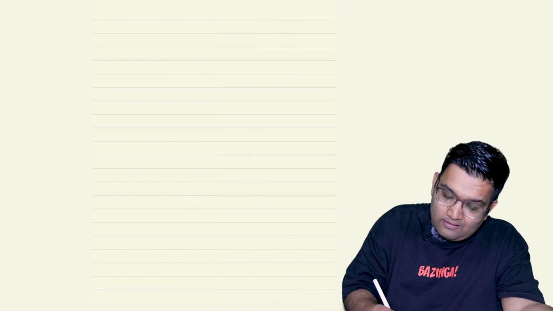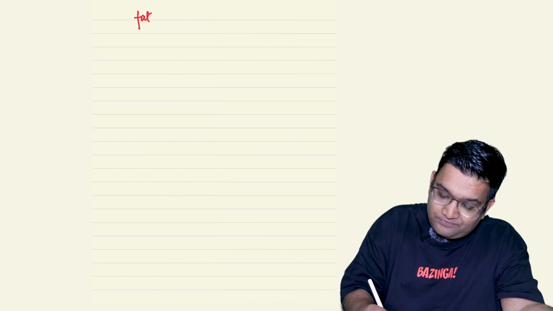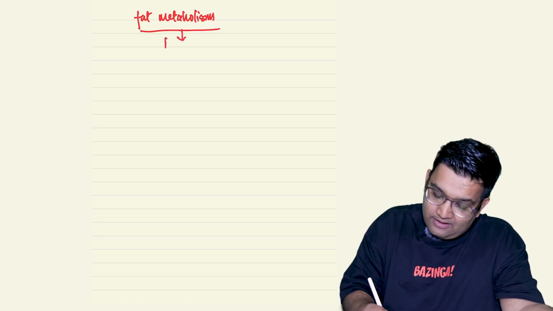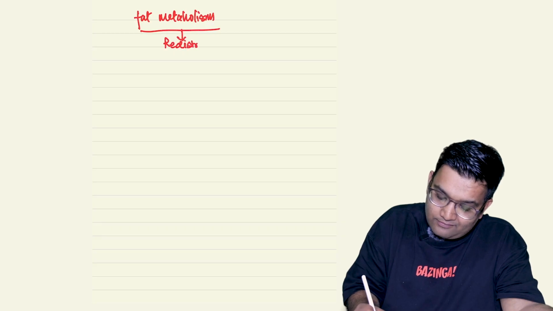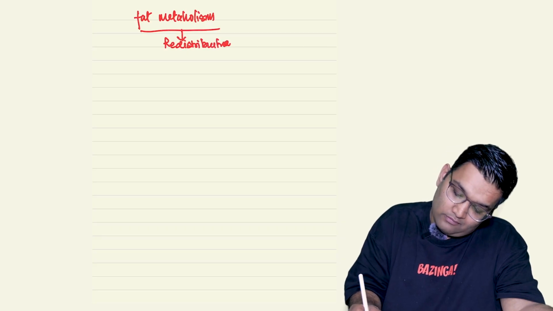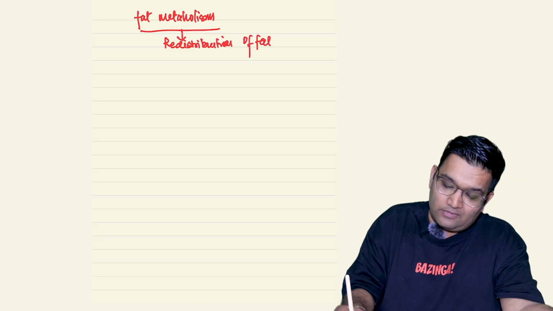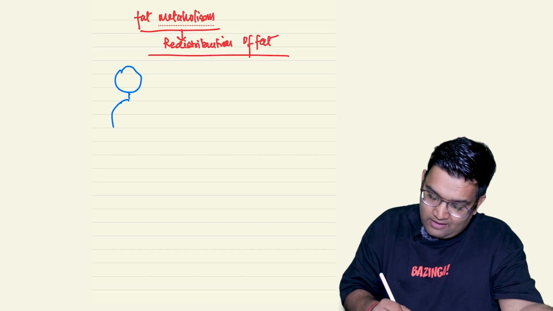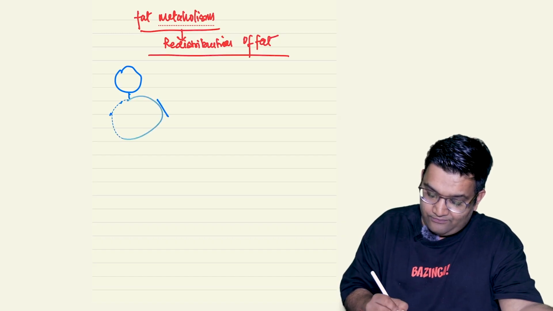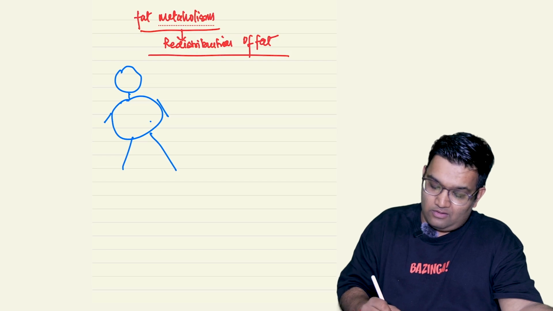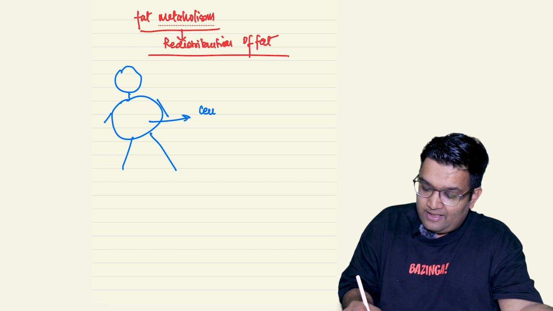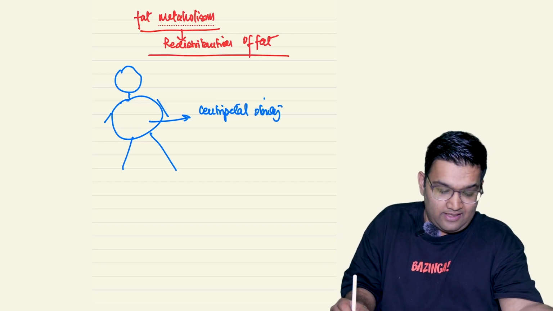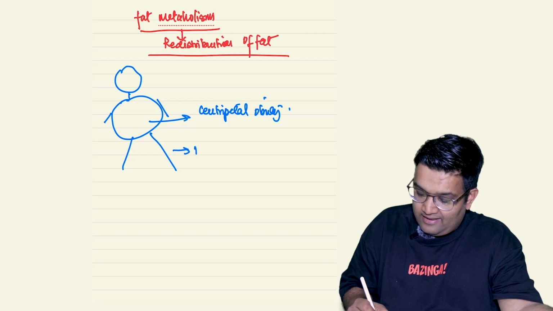On the fat metabolism, there is going to be redistribution of fat. So the classical lemon on stick appearance is going to occur. There is going to be centripetal obesity, and there are going to be very thin limbs.